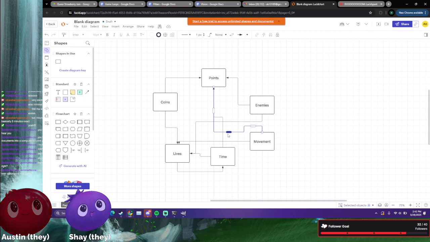Yeah, but this resource flow is specifically about what exchanges you can make, not what interactions there are. So you can exchange movement for points by completing the level, and you can exchange movement for lives by dying, by jumping into a pit. And you can exchange power-ups for movement by taking damage, or tanking damage.